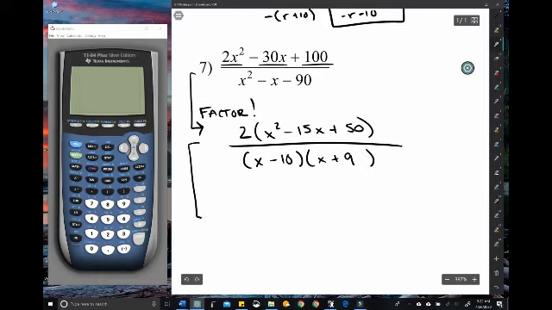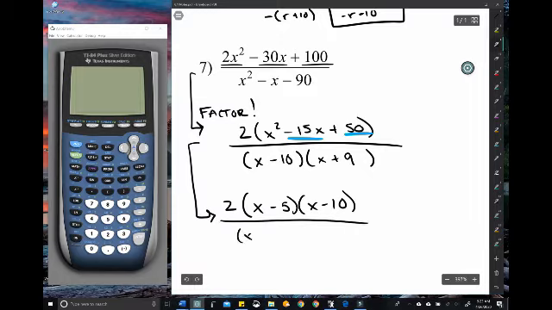Okay, keep factoring. So numerator is 2. Factors of 50 that add to negative 15. Let's see here, 10 and 5. Yes. So x minus 5 and x minus 10.